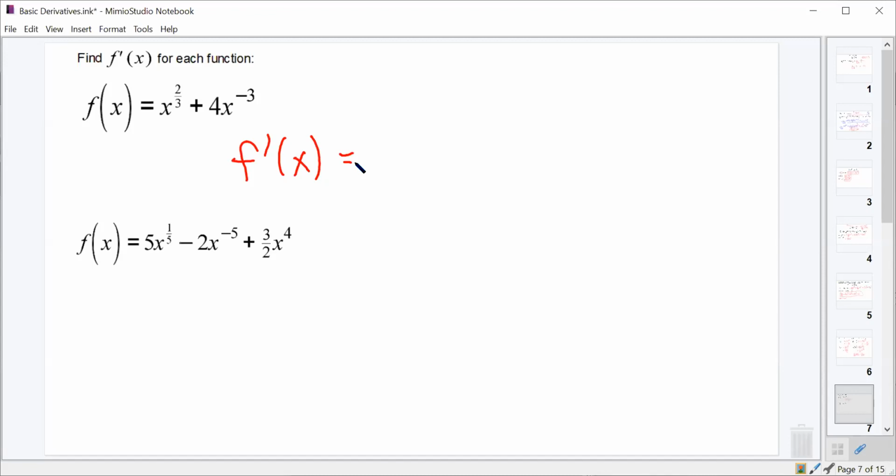What did you guys get for the first one? X to the 2/3 should become what? Two-thirds times x to the negative 1/3. Yep, exactly. 2/3 x to the negative 1/3, and then the 4x to the negative 3 should become minus 12x to the negative 4.